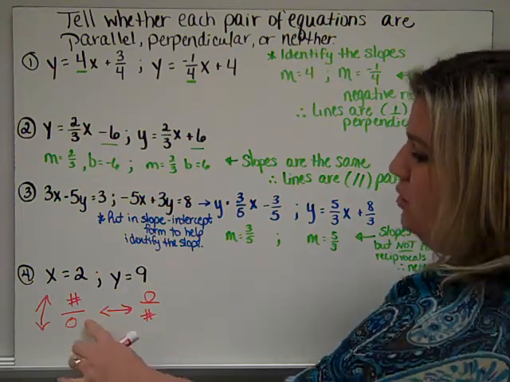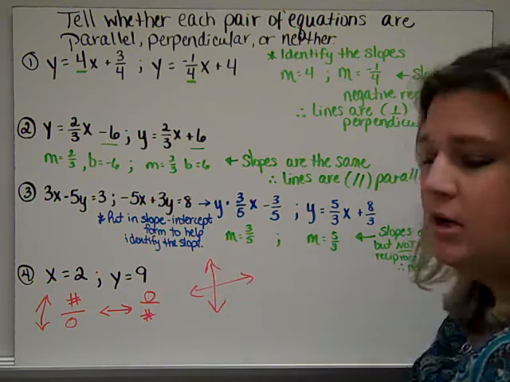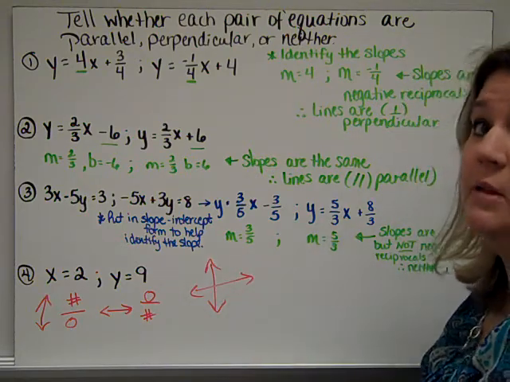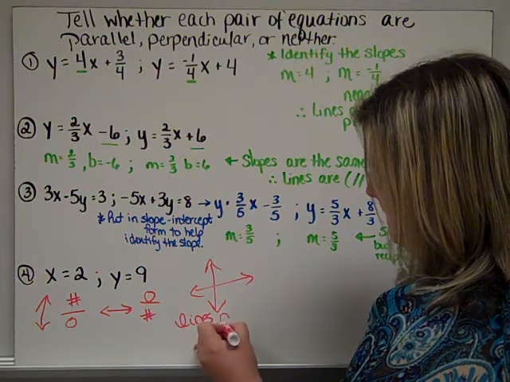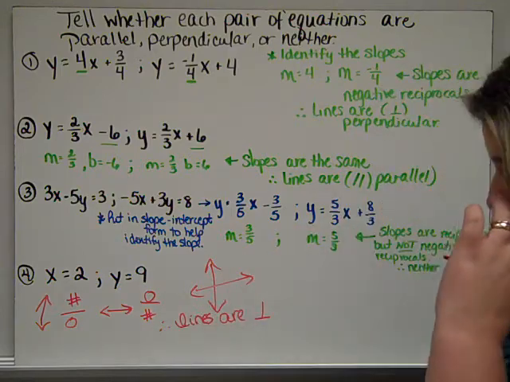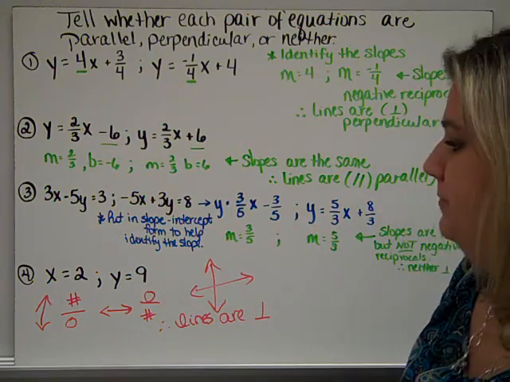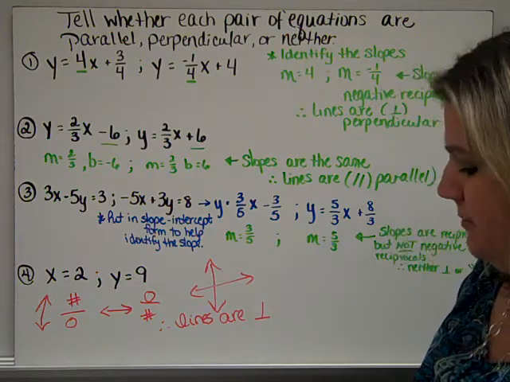What do we know about horizontal and vertical lines? If I graph them any which way, those lines are always going to be perpendicular. Always. I believe that was in rule number 2.